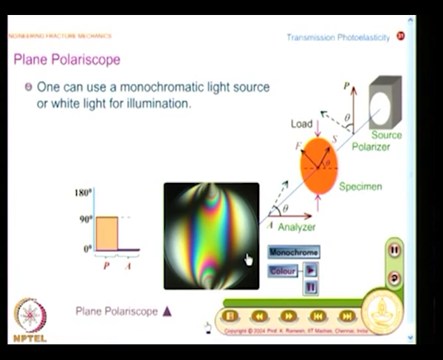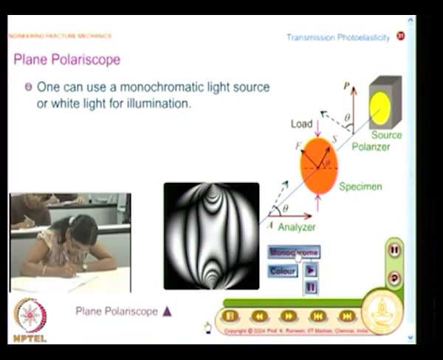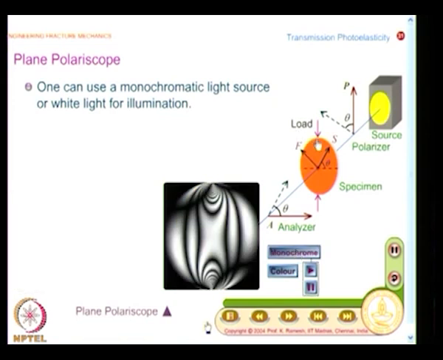We will spend some time on looking at this again. We will go to monochrome. Now, what you have to understand, I have a polarizer and I analyze the light that comes out of the model only by using a simple analyzer, which is nothing but a polarizer, but its axis is kept differently.